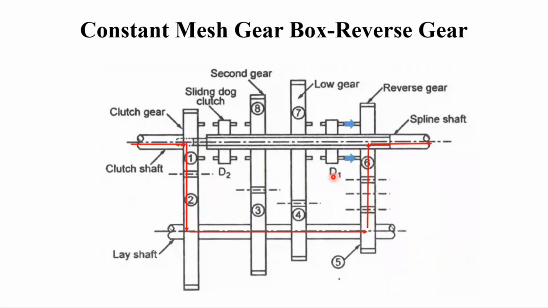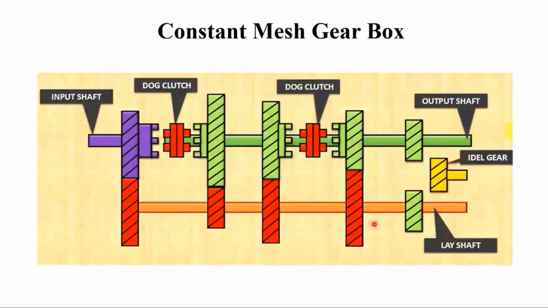During this condition, the dog clutch D1 will move towards the right direction, and in this case, the idler gear will mesh. It will have a constant mesh. That is for the 3-speed gearbox that you have seen.